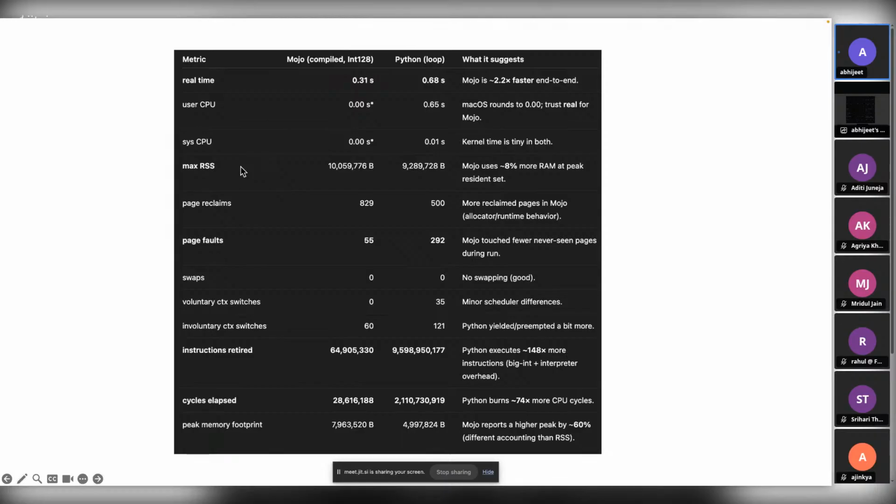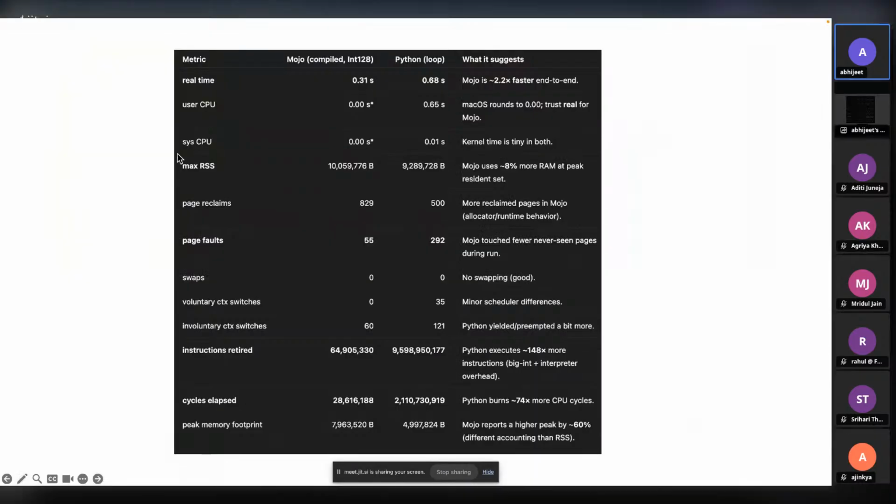It has 829 page faults, which is very little compared to the Python one. Then again, instructions retired: Python executes 148 times more instructions, so it uses more CPU. Then 74 times more CPU here, for the same task which we have seen.